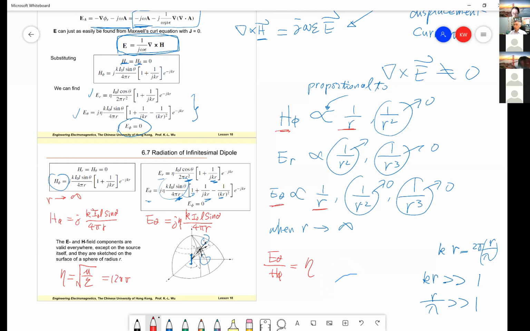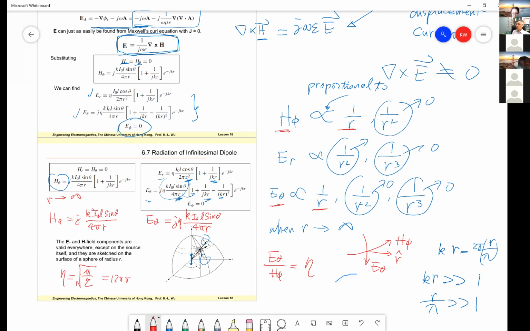And also, in the spherical coordinate system, E theta, H phi, and this is the direction of R. So E theta cross H phi is the propagation direction.